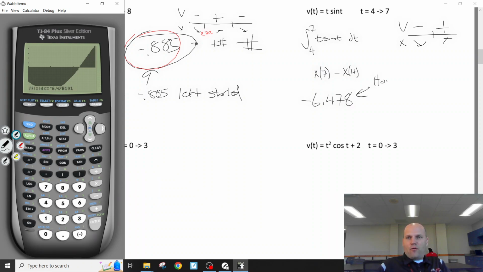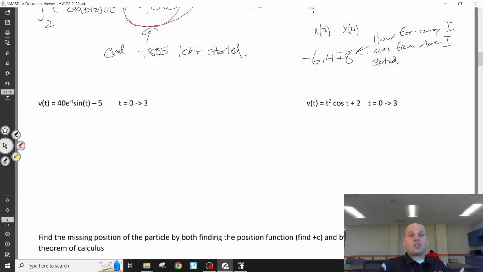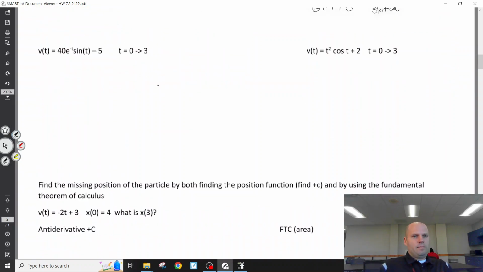This is how far away from where I started. And we'll get to different problems soon that incorporate where am I located. All this is telling me is how much I go up and down.